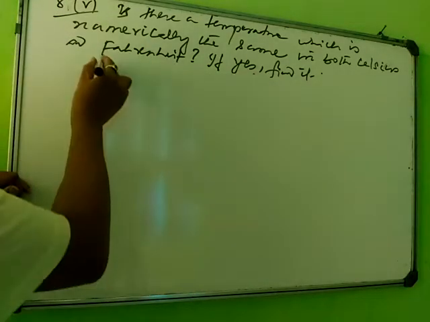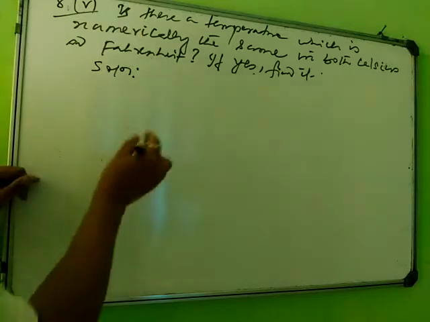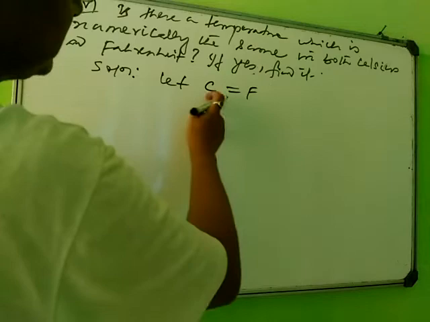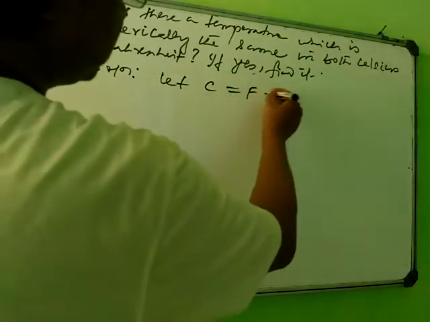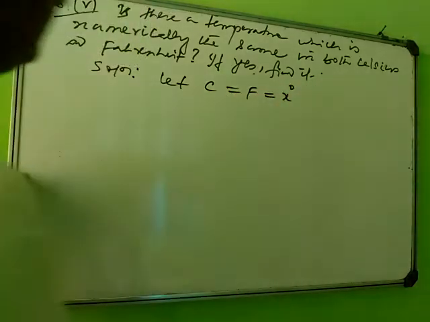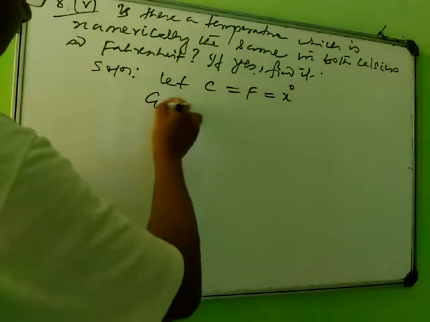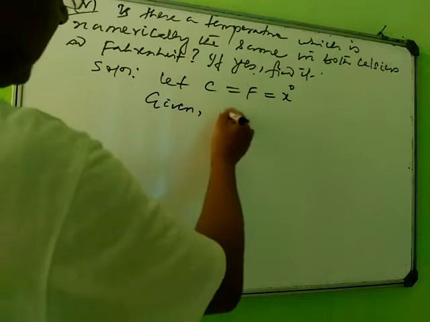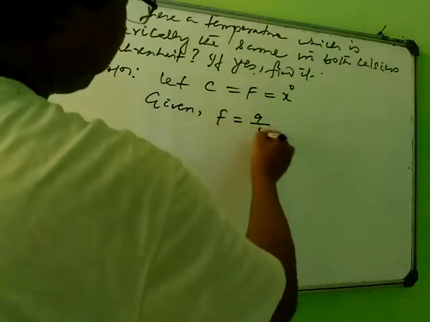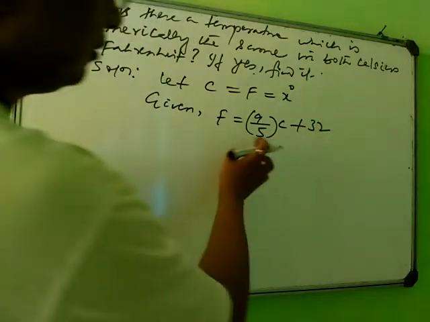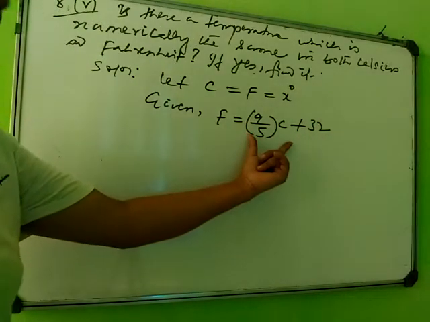So now let C equals F, Celsius equals Fahrenheit equals x degree. Now the given equation: F equals 9 by 5 C plus 32. This is given in the book.